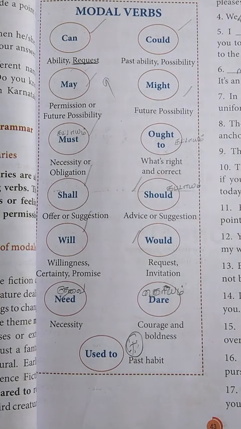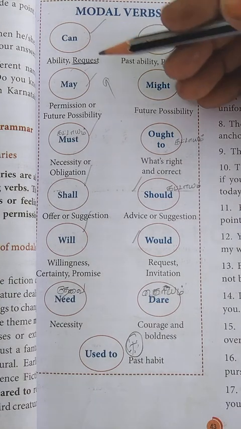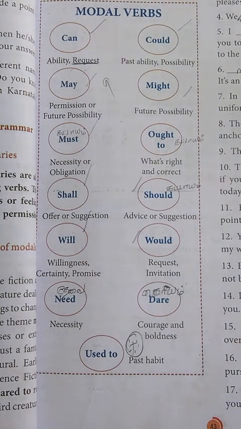Before that we should understand under what circumstances we can use these modals in a sentence. That is very important. If you see can, the usage is given, just as we saw usage in the tenses.